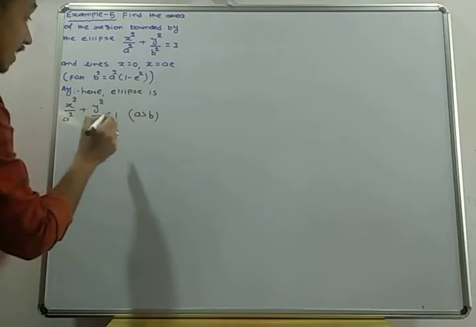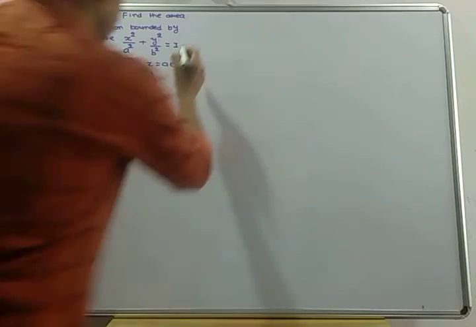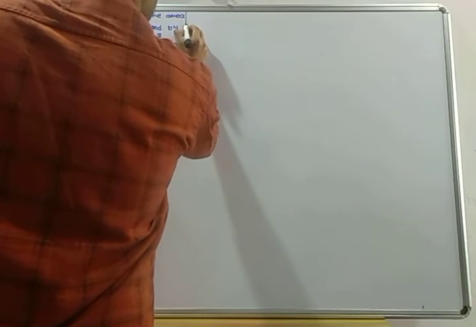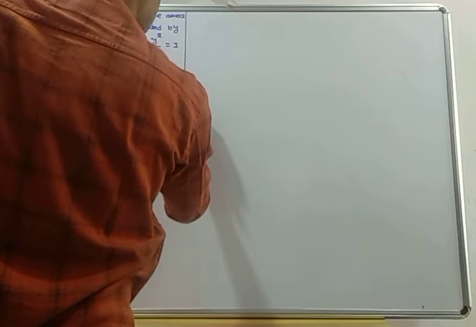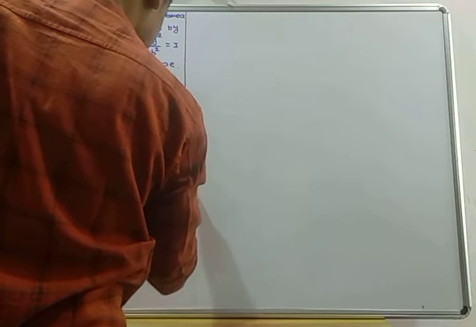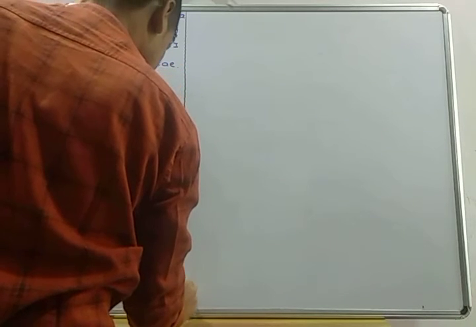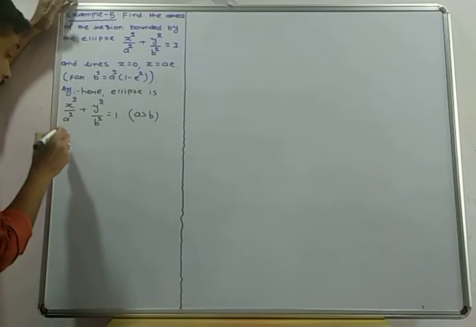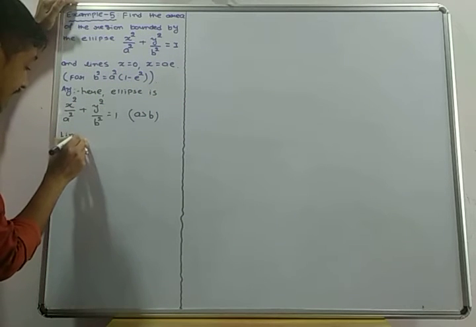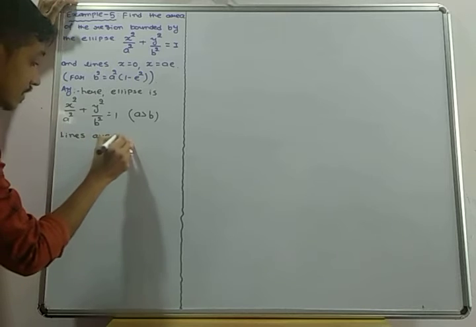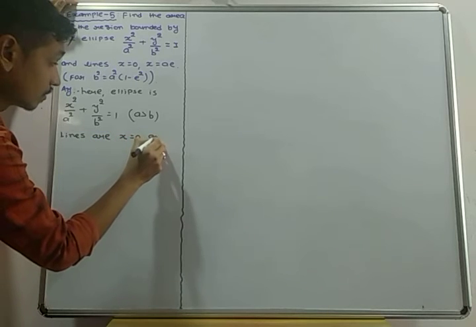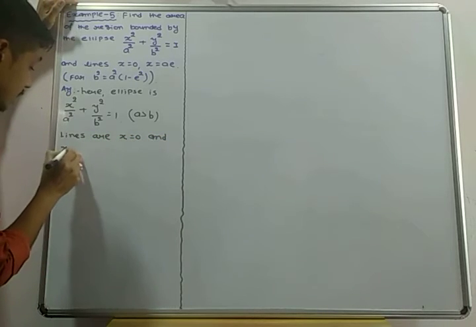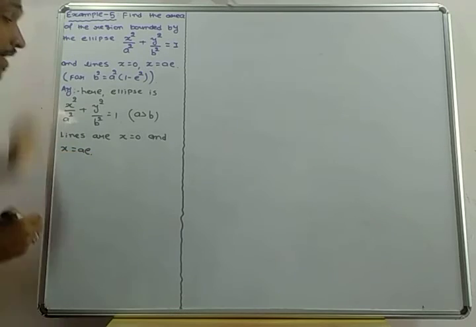Okay, and lines are x equal to 0 and x equal to ae.